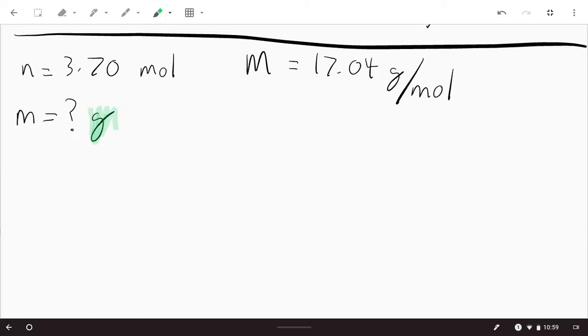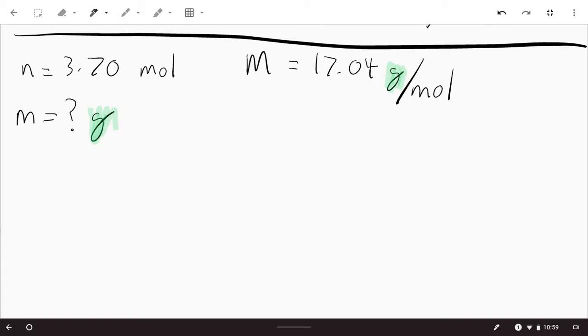Where else do I already have grams? I already have grams in my molar mass. And technically, every number is actually a fraction, and so is every unit. So I can represent my final units that I want as a fraction, grams over 1. That means that I want grams to be on the top of whatever fractions I make in my formula.